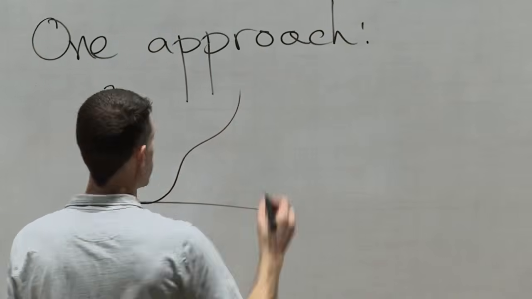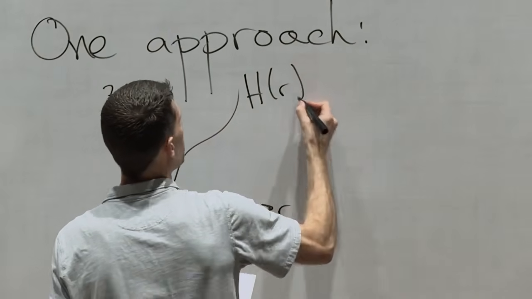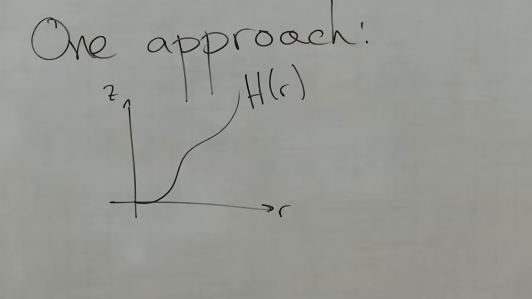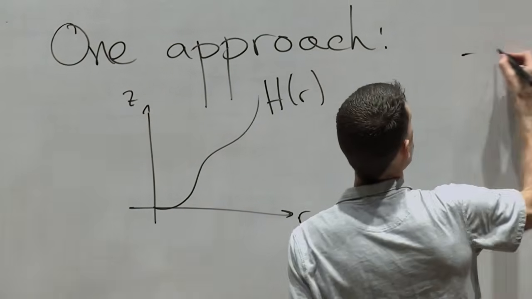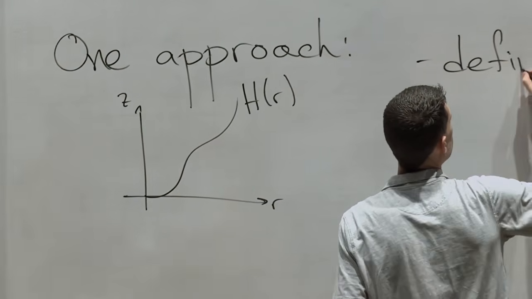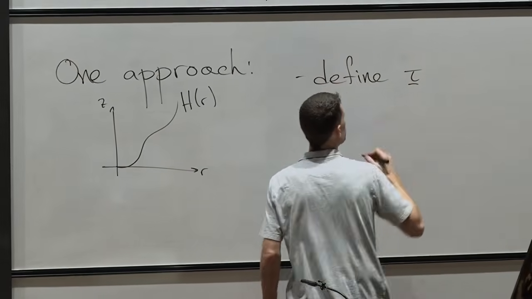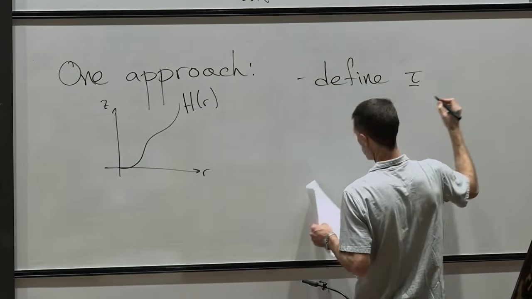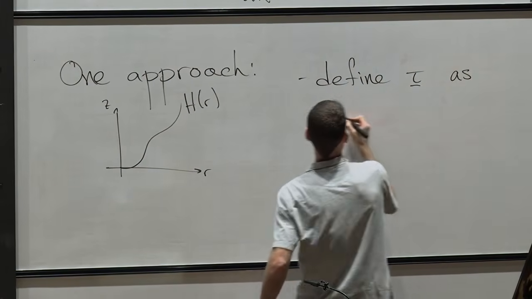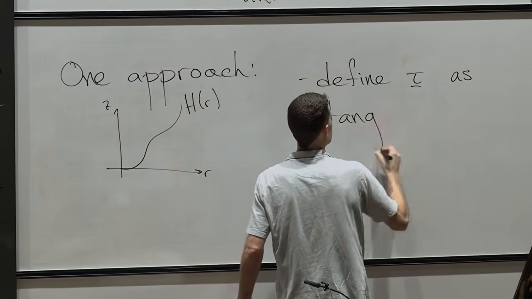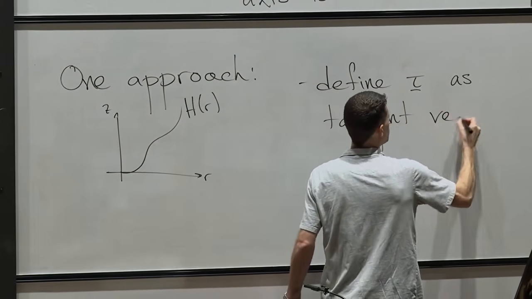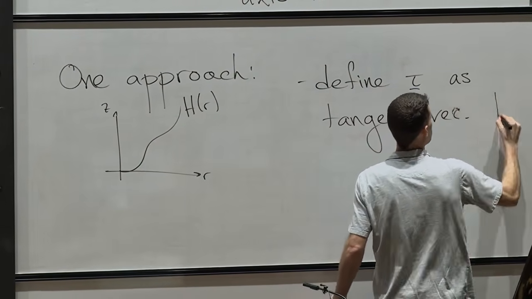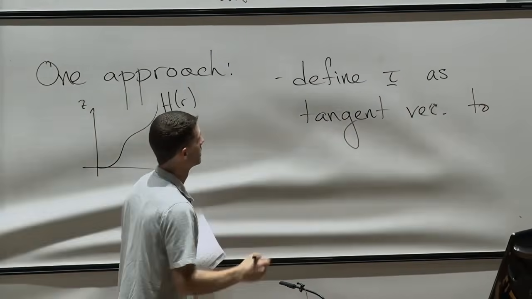And this is a curve z equals h of r. I can define, let's call it vector tau, as a tangent vector to the curve of revolution.